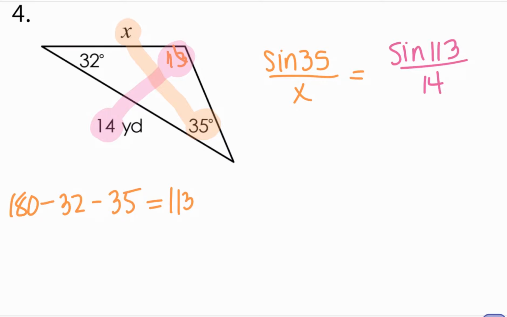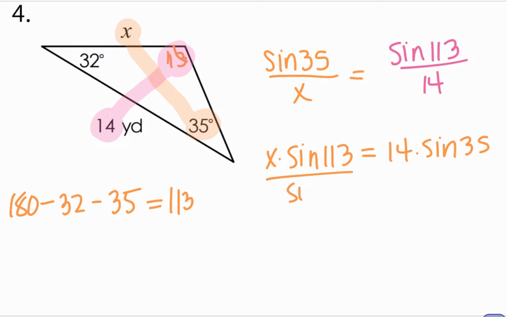Okay, cross multiply gives me x times sine of 113 equals 14 times the sine of 35. Let's divide by sine 113. Leaves me with x is equal to, and now it's just a calculator problem.